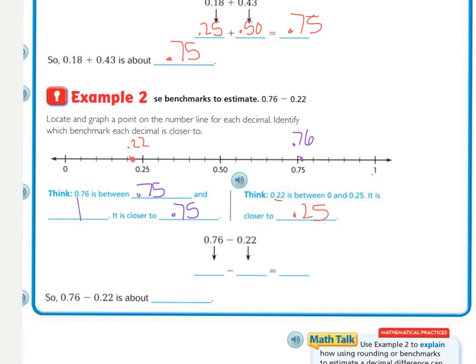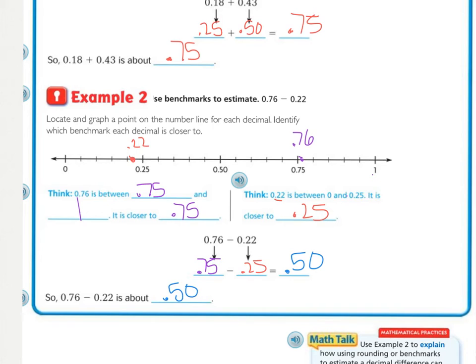Now we're going to just rewrite those as the benchmarks. 75 hundredths minus 25 hundredths. 75 cents minus 25 cents. I know that to be 50 hundredths. So 76 hundredths minus 22 hundredths is about 50 hundredths.